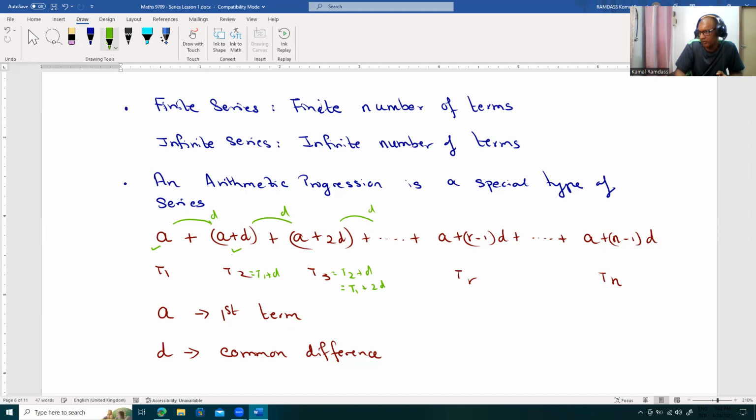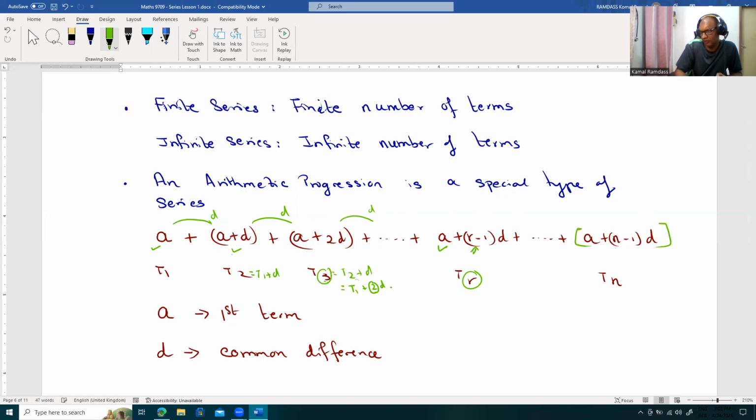As we have 3 here, we have 2 here. So Tr can be equal to A plus r minus 1 times D, because T1 is equal to A. Replacing r by n, Tn is equal to A plus n minus 1 times D.